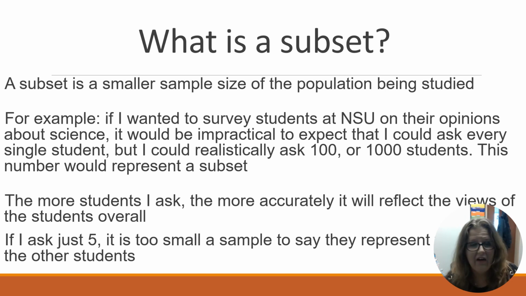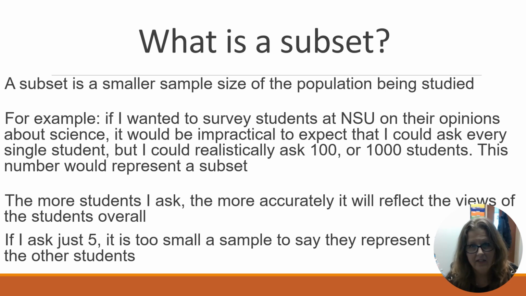If I just went and picked 5 random students, or even if I picked 5 students, let's say in the science building, does that really represent what all students that attend Norfolk State University think? Would there be some biases there?